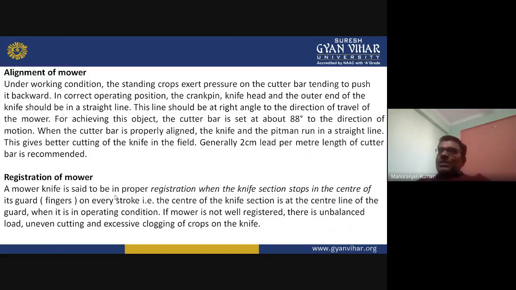Under working conditions, the standing crop exerts pressure on the cutter bar, tending to push it backward. In the correct operating position, the crank pin, knife head, and the outer end of the knife should be in a straight line. This line should be at right angle to the direction of travel of the mower.